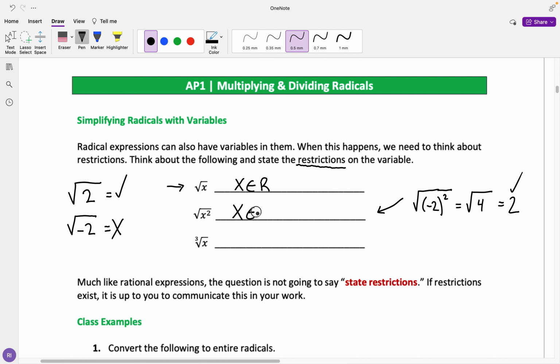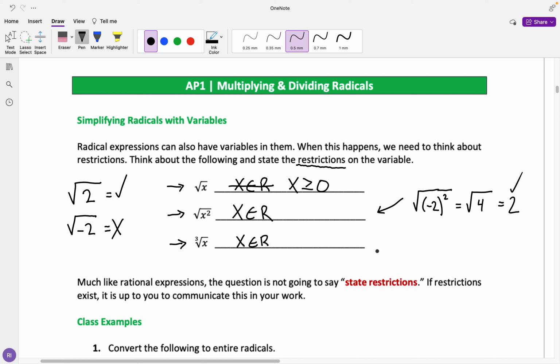Actually, I realize now that I made a mistake there: x is greater than or equal to 0 in this first instance. The numbers have to be positive. So in this second scenario, that's the one where x is an element of the reals. And in this third one, you can take the cube root of positive or negative numbers, so x is also an element of the reals.